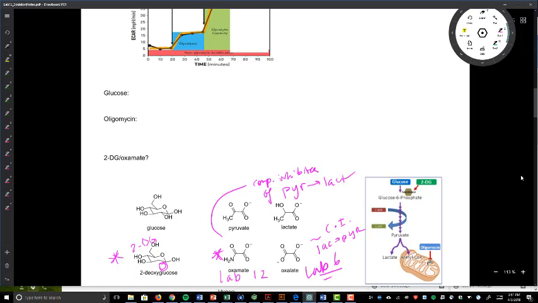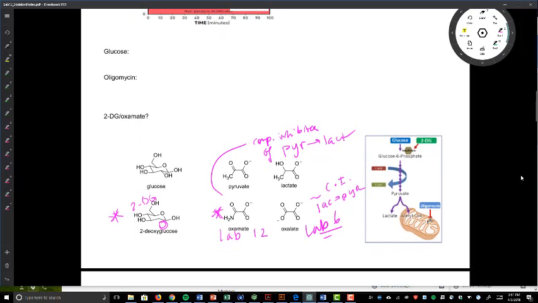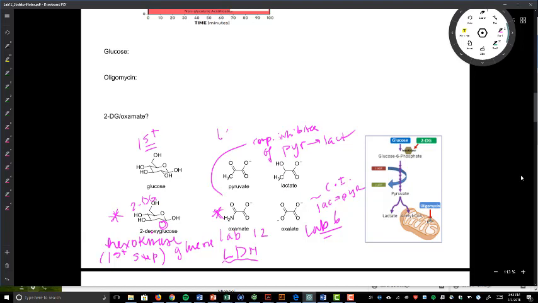So we're looking at these two different inhibitors, and they inhibit two different steps of glycolysis. We know that oxamate is an LDH inhibitor, and 2-DG is a hexokinase inhibitor. If you recall from the figure on the previous page, that's the first step of glycolysis. Oxamate is a competitive inhibitor of pyruvate, and 2-DG is a competitive inhibitor of glucose at hexokinase. So we're looking at the first step of glycolysis and the last step of aerobic glycolysis.